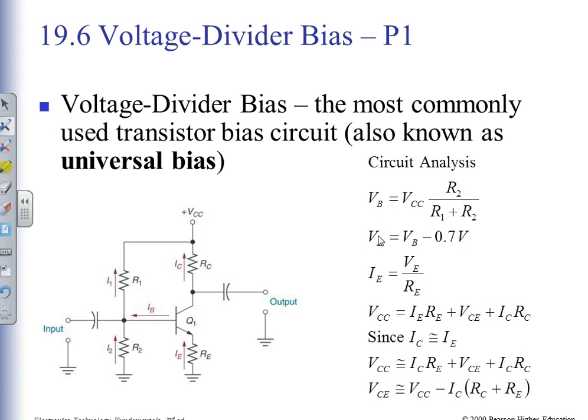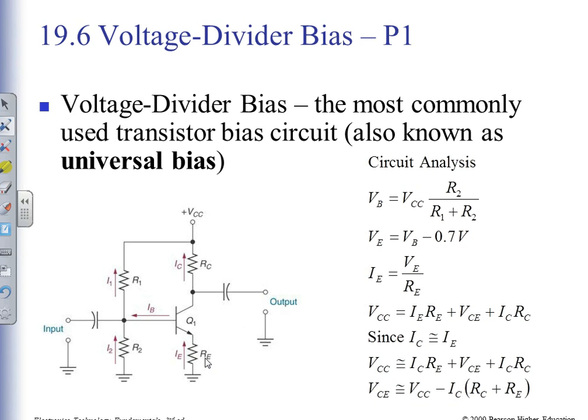Voltage at the emitter is going to be whatever the voltage at the base is minus the 0.7 across the diode that's sitting inside the transistor. Now I know the voltage at the emitter. Knowing the voltage at the emitter, I can now calculate the current through the emitter, and it is going the other way.